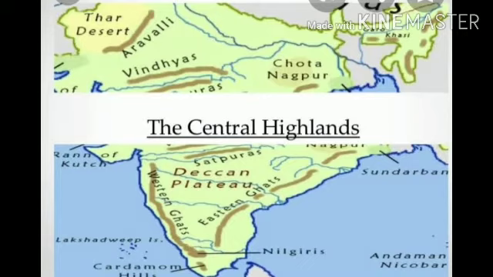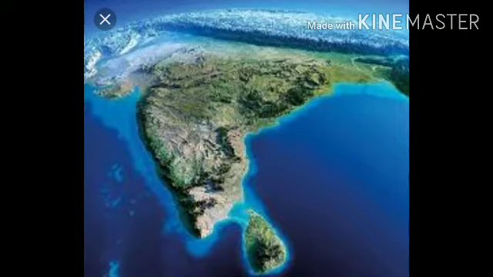The Deccan Plateau is higher in the west and slopes gently eastward. An extension of the plateau is also visible in the northeast, known as Meghalaya. It is separated by a fault from the Chota Nagpur Plateau.